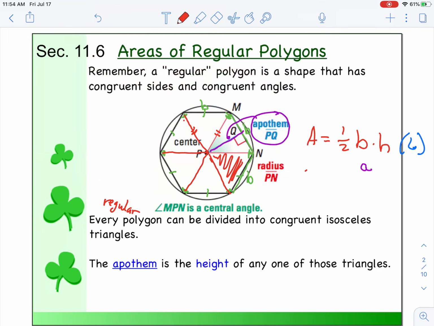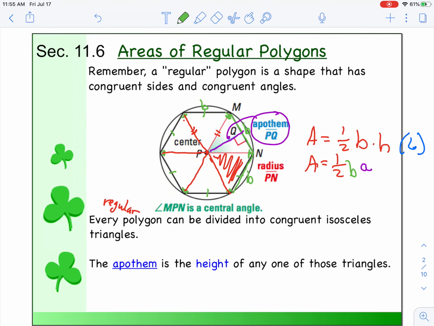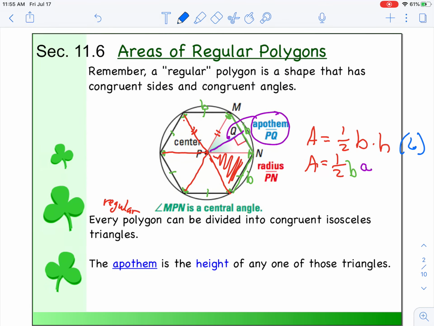So we can put in A right here for apothem. So far, we have area equals 1/2 the base of the triangle, which we'll call B, times the height, which we'll call the apothem, and then we times that by 6.